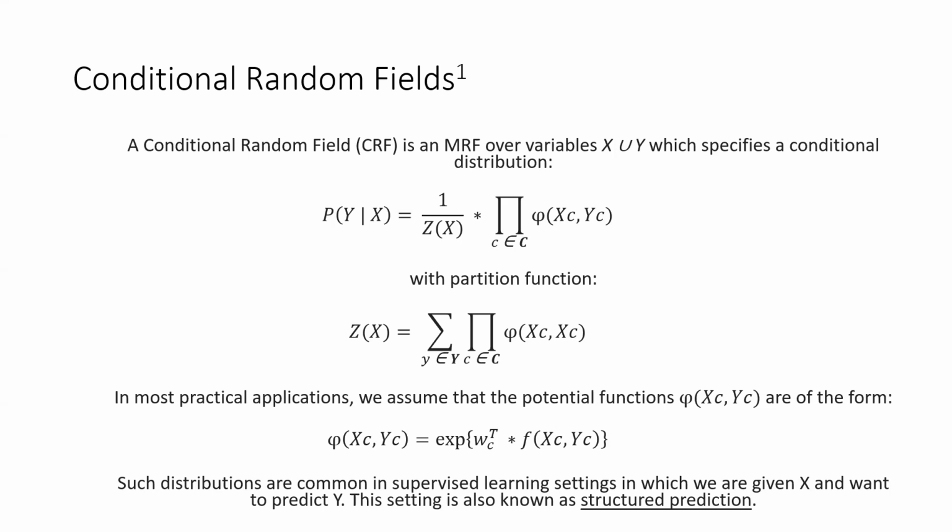And such distributions are common in supervised learning settings where we are given some input variables and we want to predict another set of variables. This setting, where we have a lot of variables as input and we predict a lot of other variables y, is called structured prediction. So conditional random fields are used there very much.